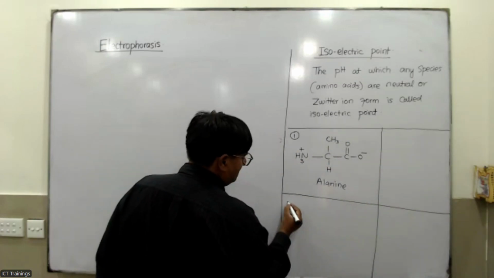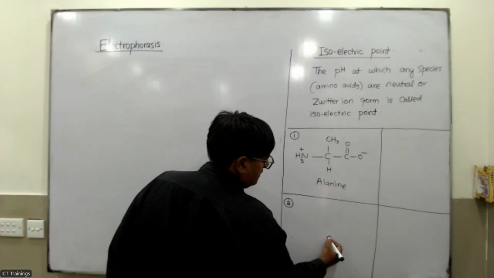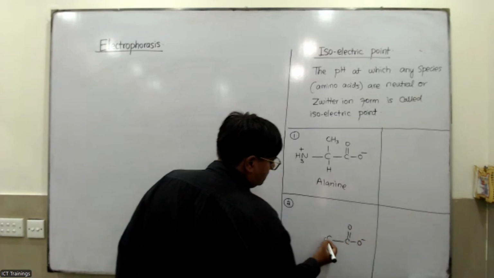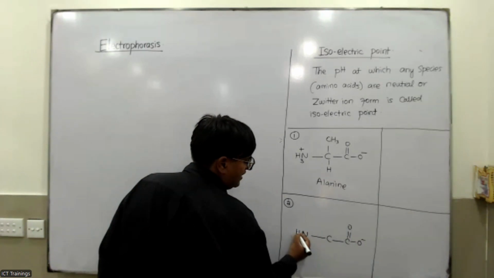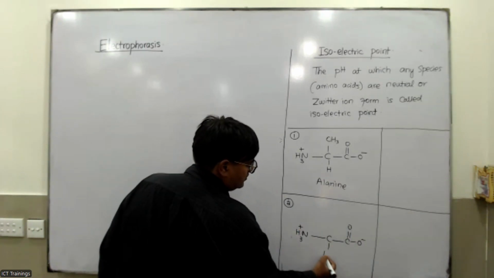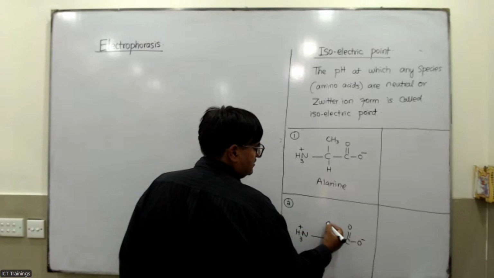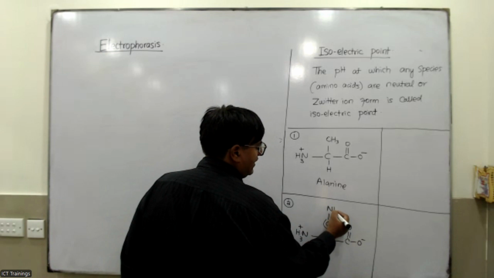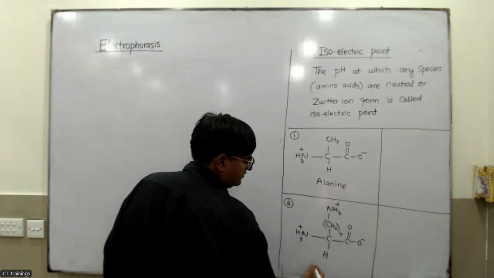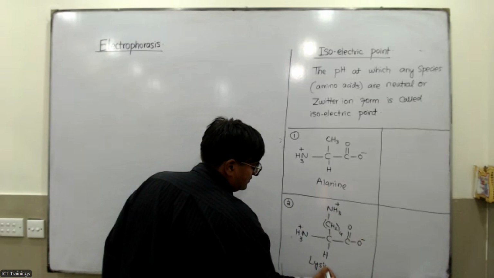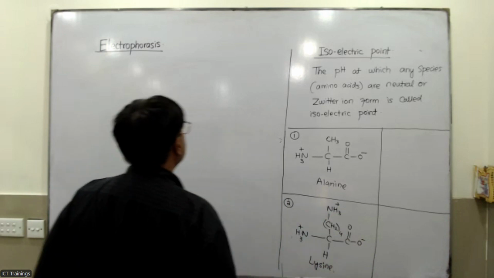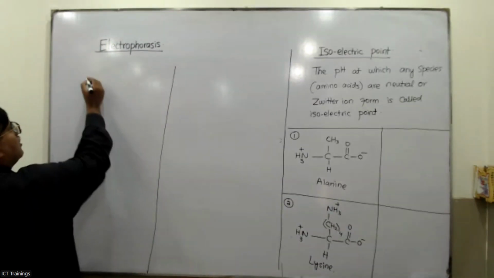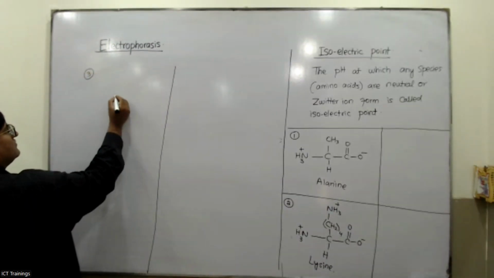The second amino acid I'm going to take, carbon. We got carboxylic acid group and we got amine group NH3 positive. This is hydrogen. This is CH2 four times and NH3 positive. So this is called lysine. And then we got the third amino acid.